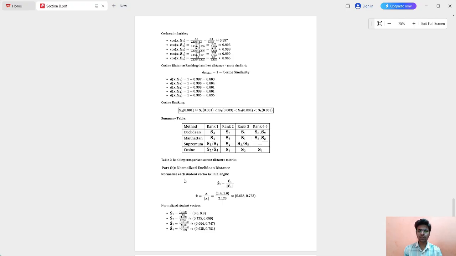Using Euclidean distance, normalize each student vector to unit length.